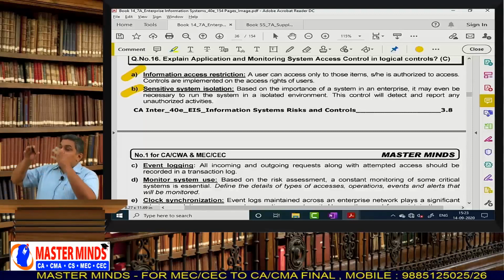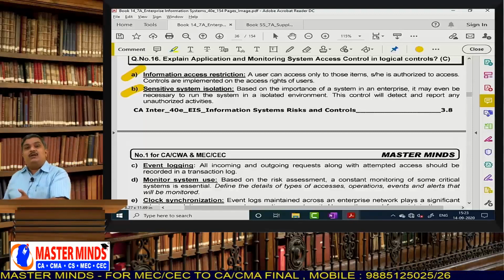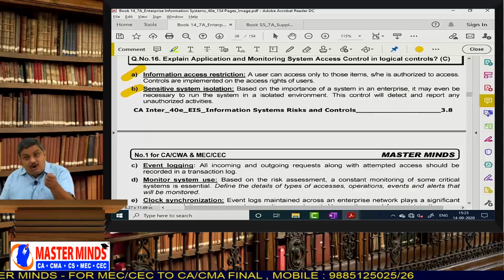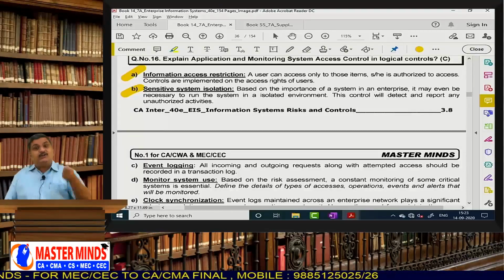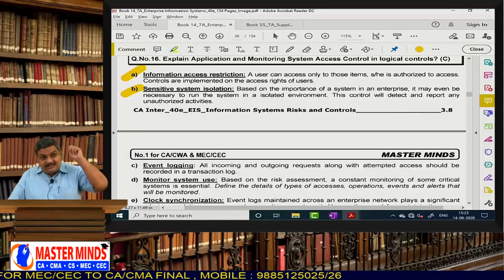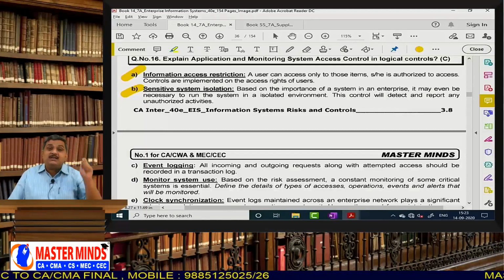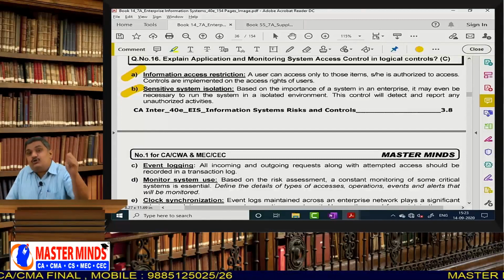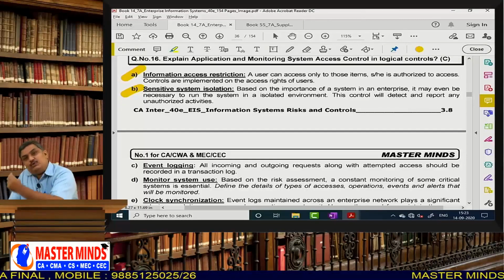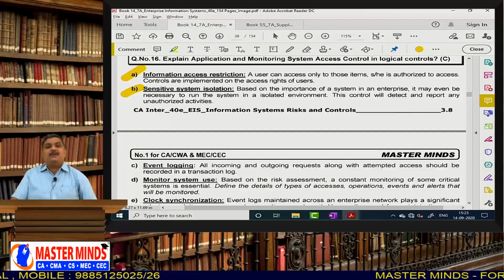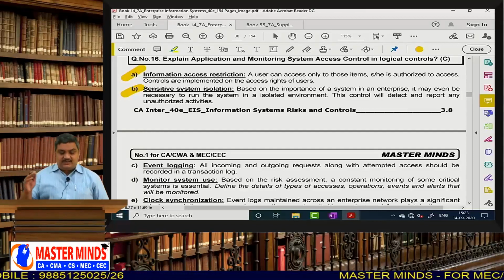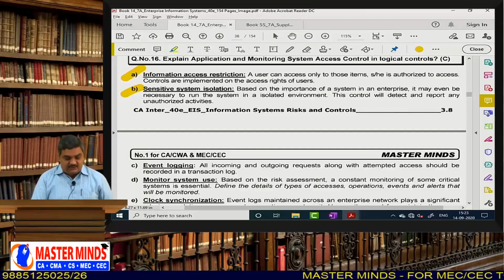That system should be placed in a separate room, and that room should have cipher locks, and in order to enter that room, all the necessary security mechanisms should be employed, and only authorized persons are allowed to enter that room and use that system. So that kind of mechanism also should be there. That is called sensitive system isolation.